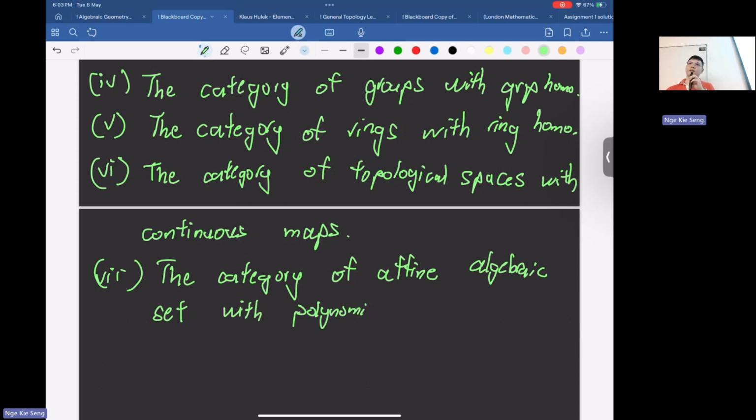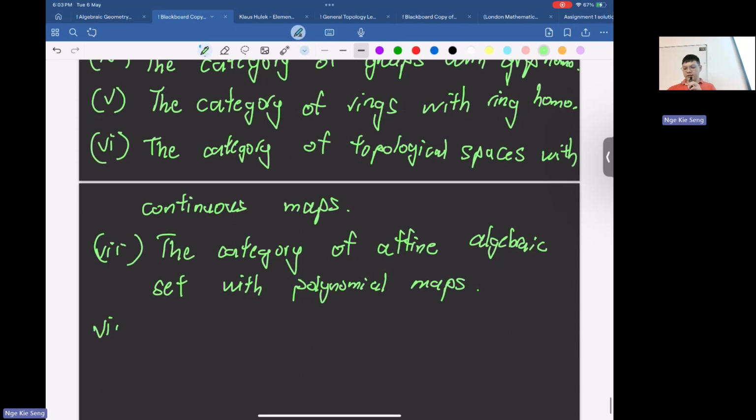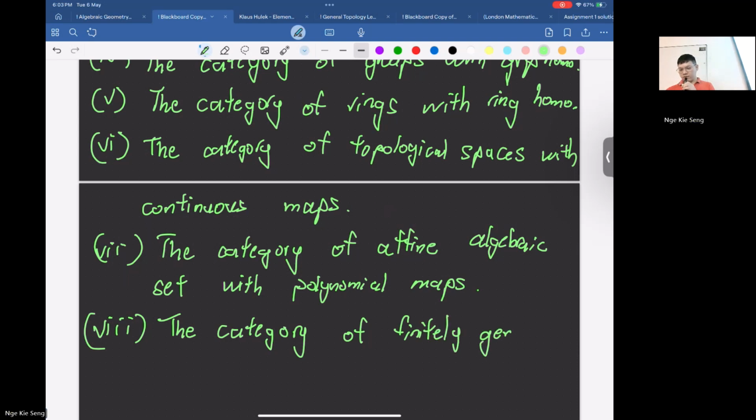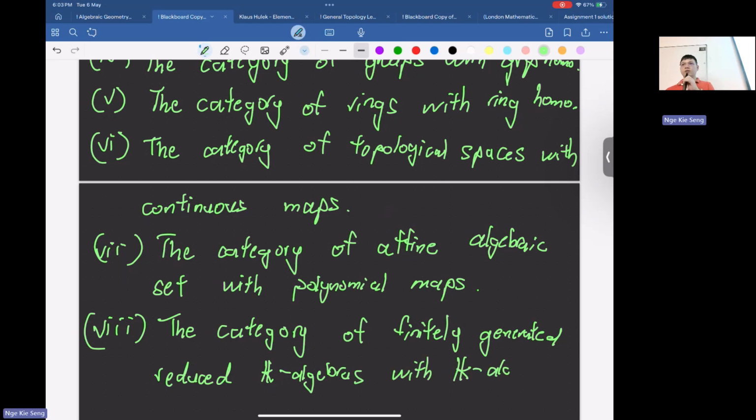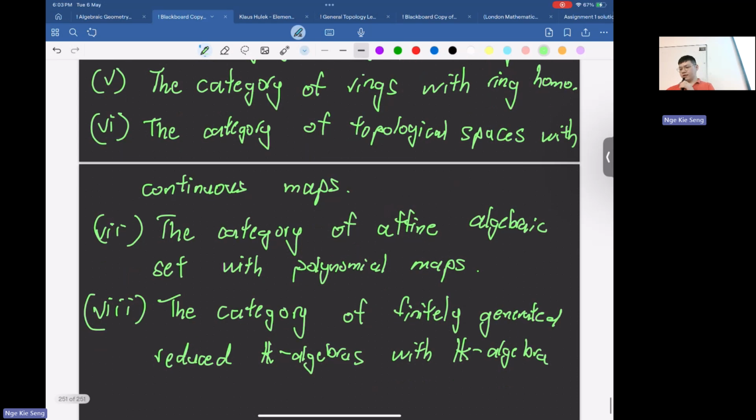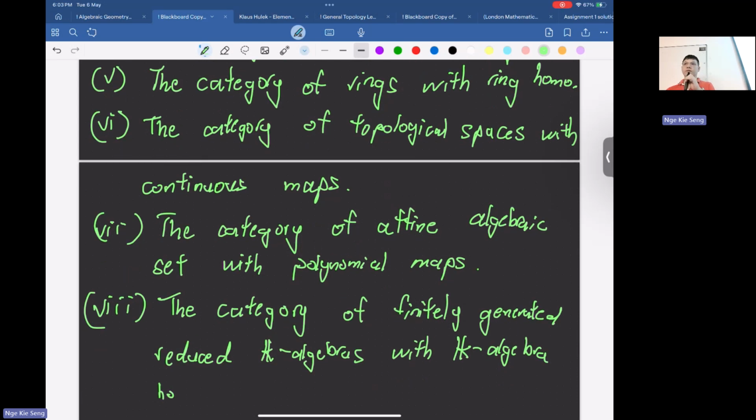Polynomial maps. And what we're going to show later is that this category is equivalent to the category of finitely generated reduced K-algebras. I think we have introduced all these words to you, right? Reduced algebra yesterday. What are the maps here? These are the K-algebra homomorphisms. Just now we already played a little bit with K-algebra homomorphisms.